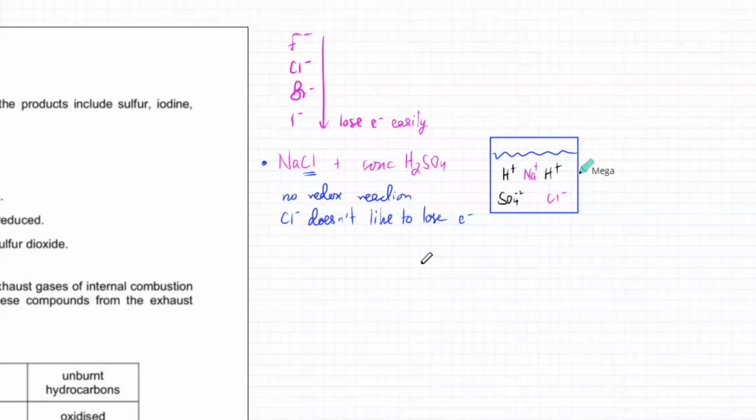Yes, sir. The next thing that happens is that when you mix them up and it's very concentrated, the H+1 and the Cl ions might get together. The H+1 is coming from the acid, and the Cl ions are coming from the salt, and they would form HCl.